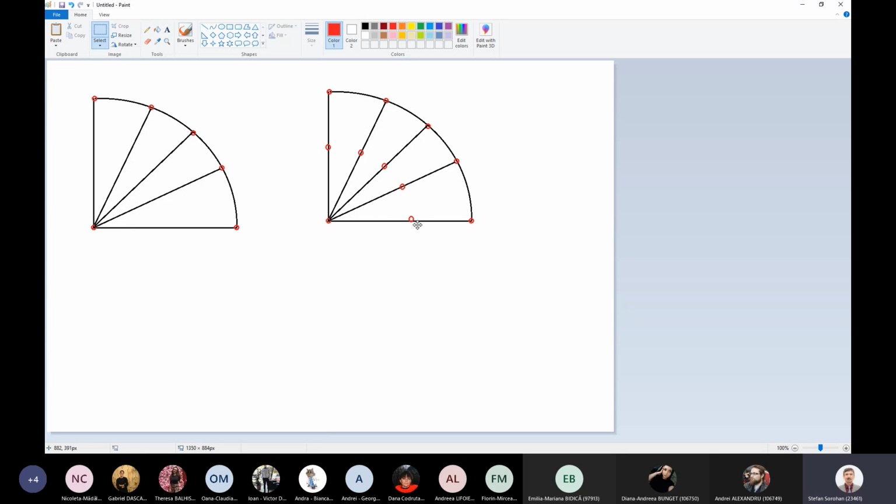And also one here, using straight lines. You will obtain more triangles. And now we must split this one, this one, this one, and this one.